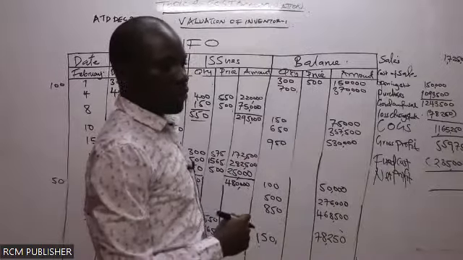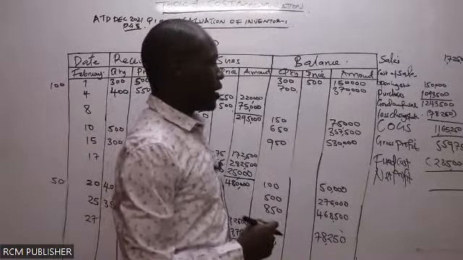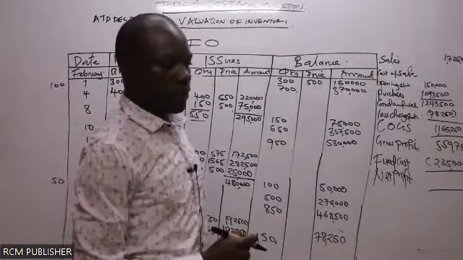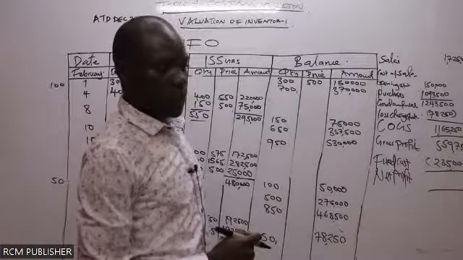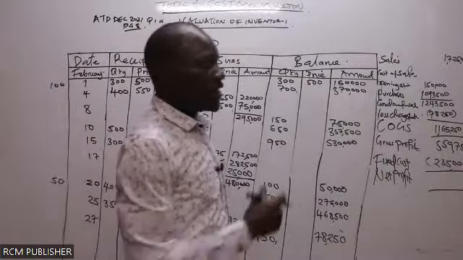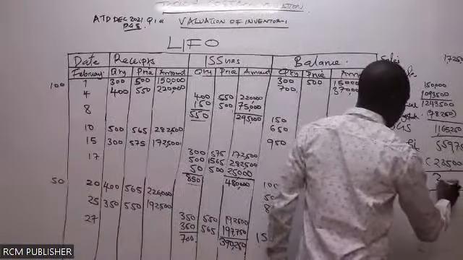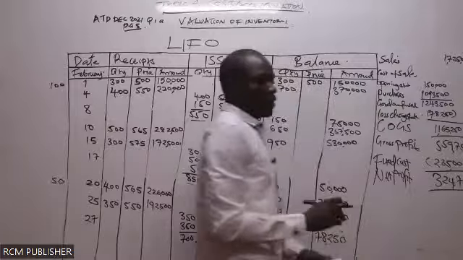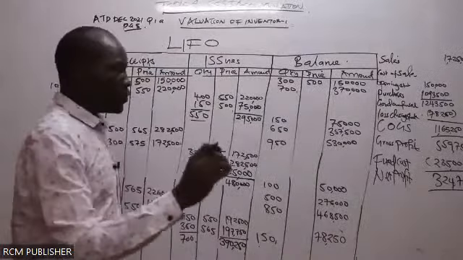Thank you. Now let's work it and get our net profit. Net profit will be what value? 324,750. So you can now look at that net profit.